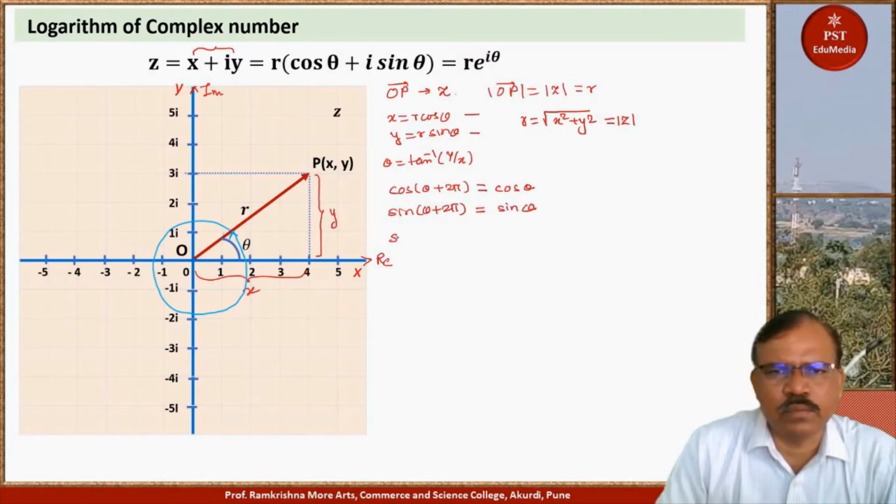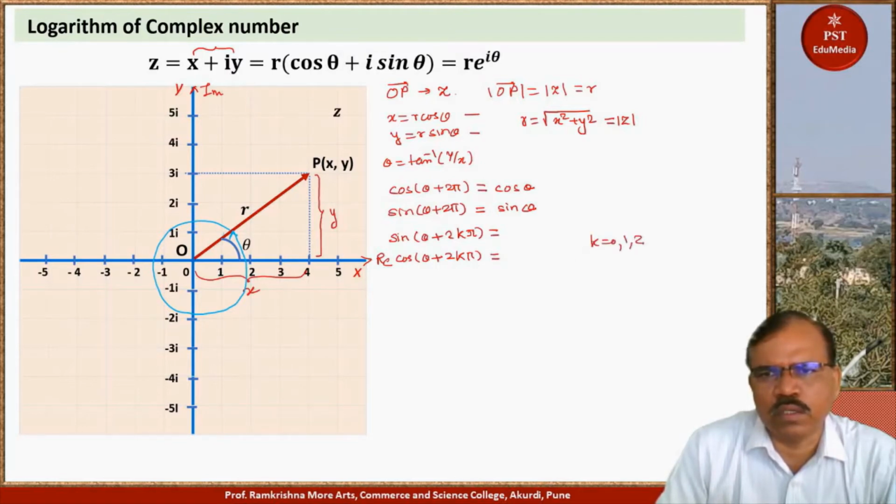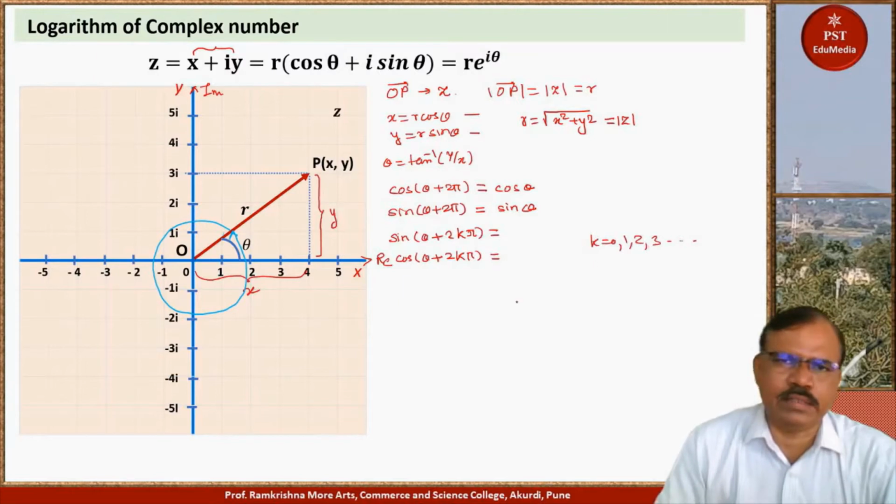So in general we can write sin of theta plus 2k pi and cos of theta plus 2k pi.